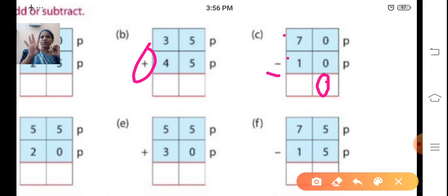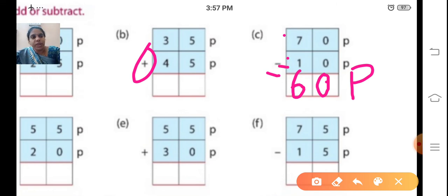So 7 minus 1 is 6. So 70 minus 10 is 60 paise. Write down 60 paise.